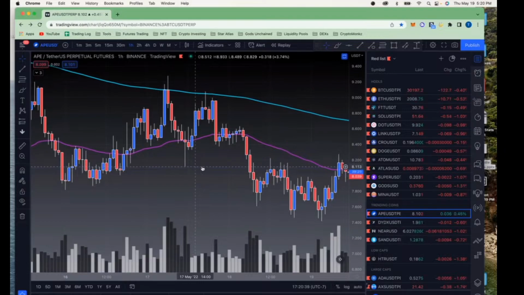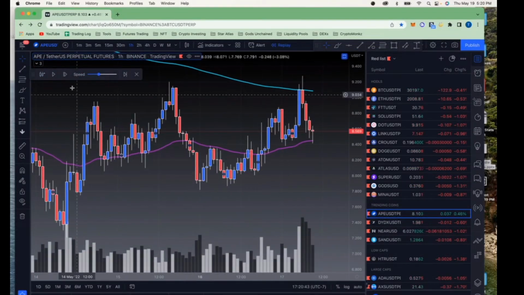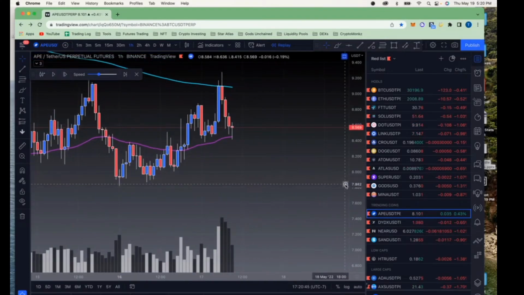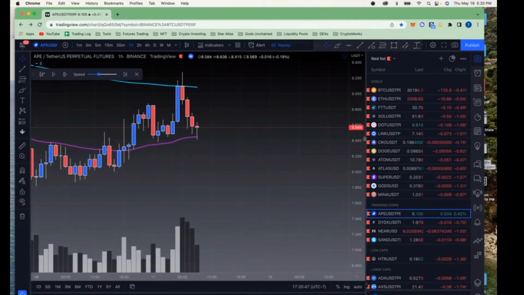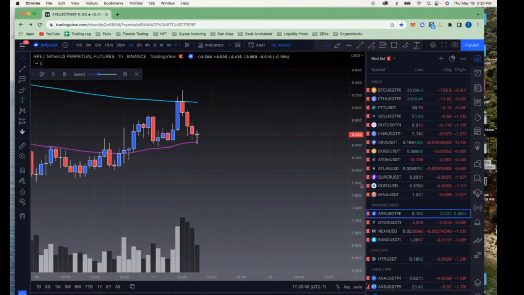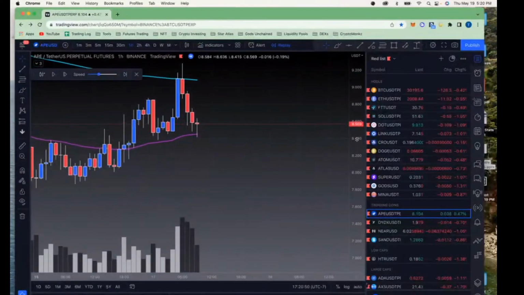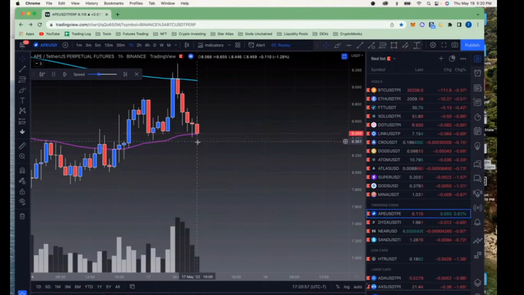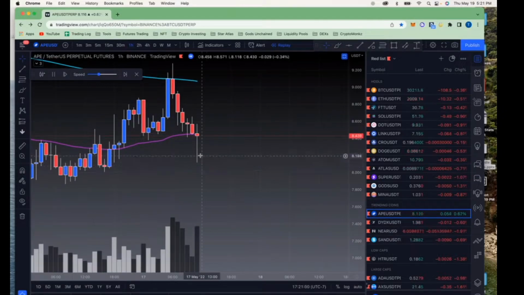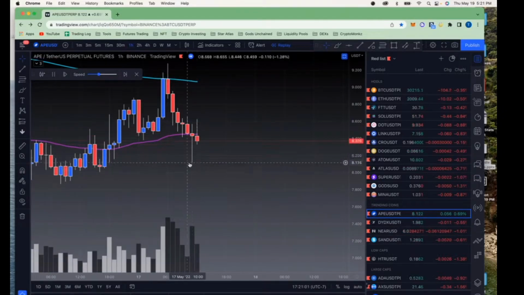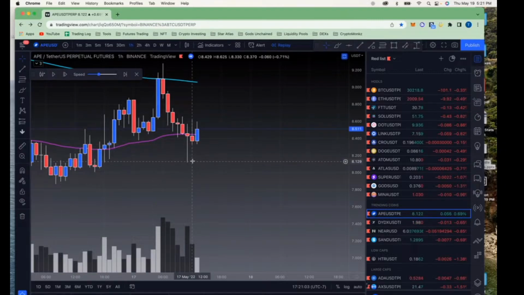So here, let's push replay again and go all the way back to here. On that hour time frame, you see this hammer right here. We had a long wick, right there, and then we're like, okay, now we're paying attention.